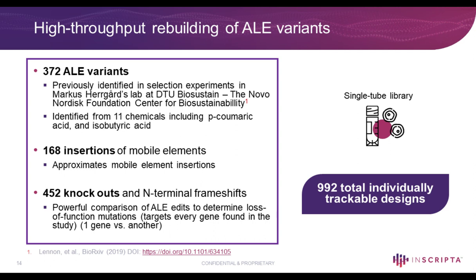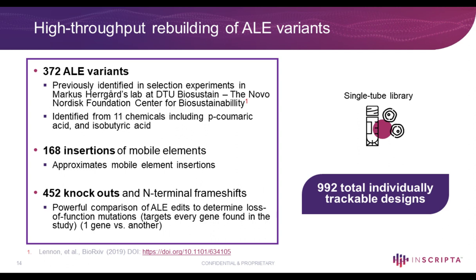In this case, we did a high throughput rebuilding of ALE variants. Again working with Marcus Herrgård and his lab, we generated a list of 372 different ALE variants that were previously found by growth within 11 different chemicals.